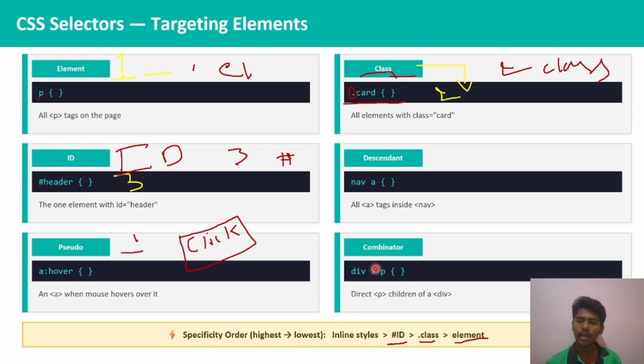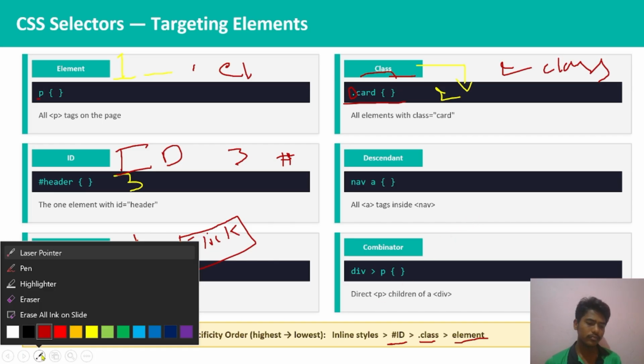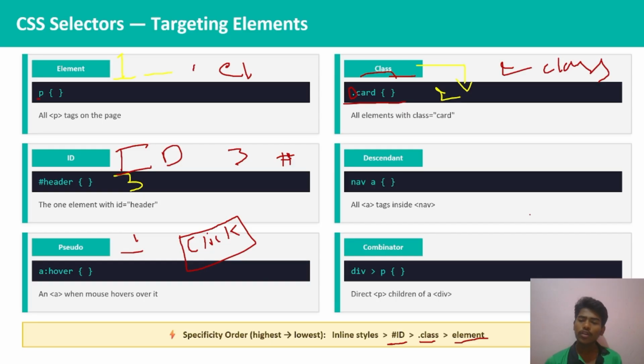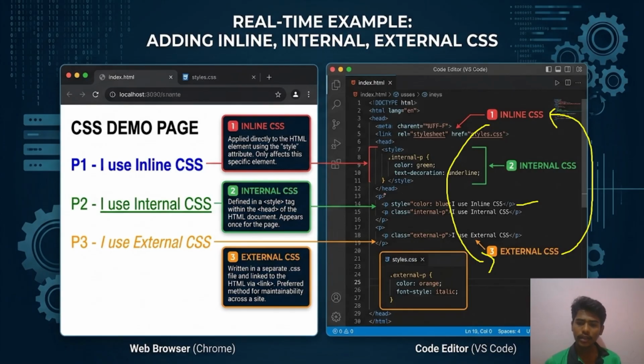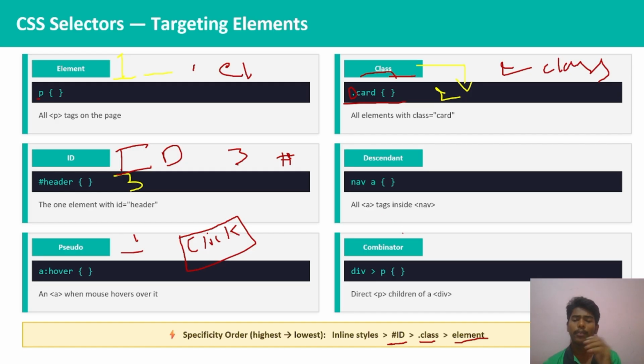Next, combinator. What does combinator mean? Let's see this. Here there are many more things. A p tag is created, and inside that another p tag is created. You need not repeat the p tag; you can use p greater than another p.